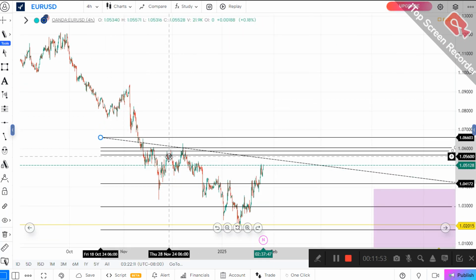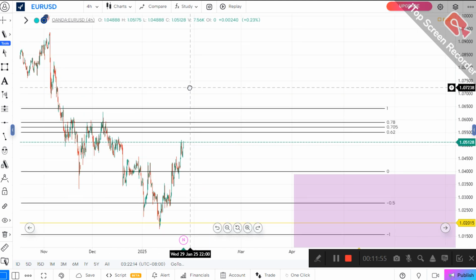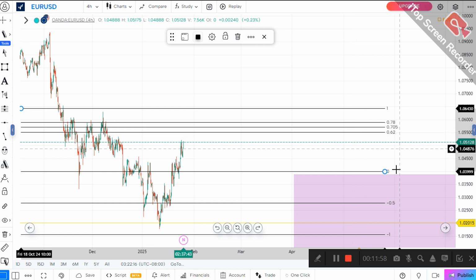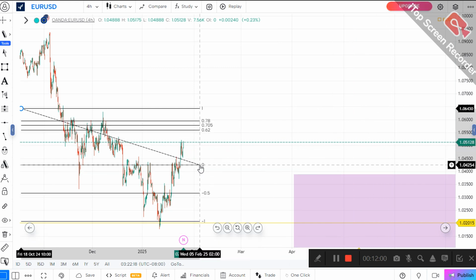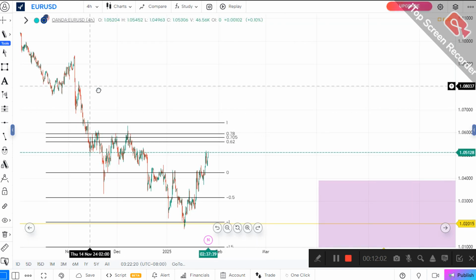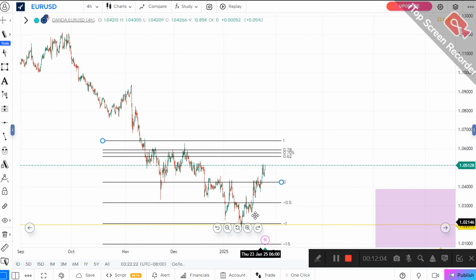As I told you guys in the first episode of this mentorship, you have to mark the opposite moves. For example, this is the downtrend. We don't know about this trend that changed into the upside. How did we know this is going to be the upside?